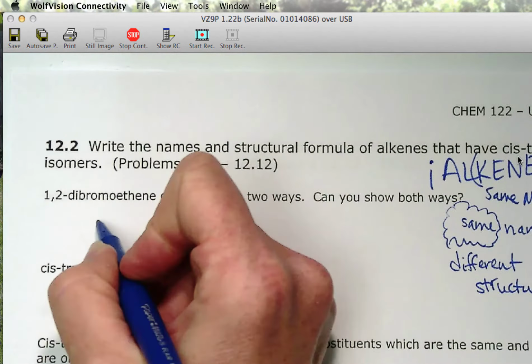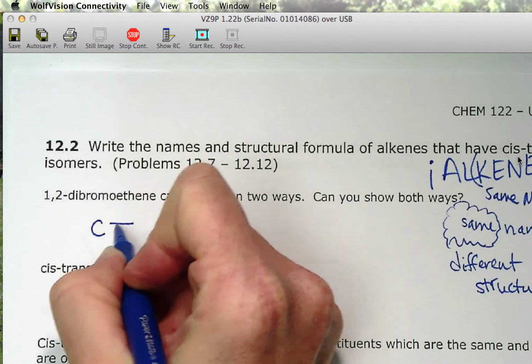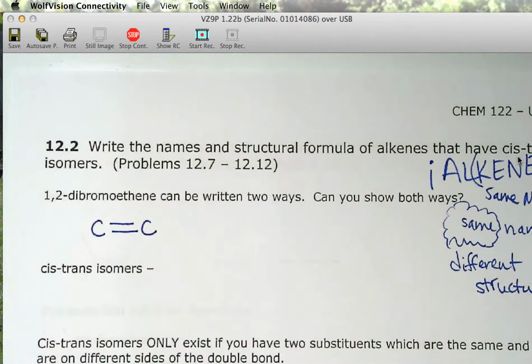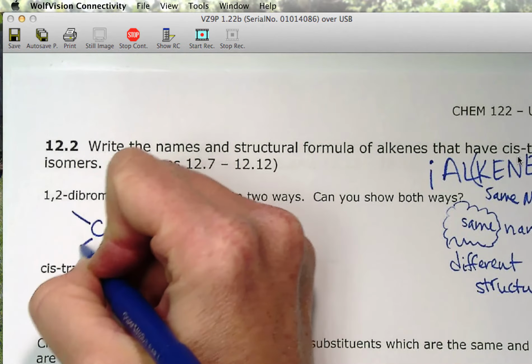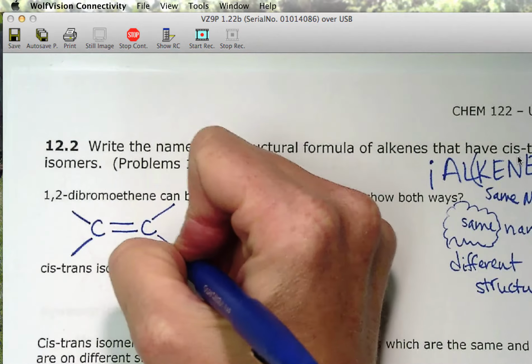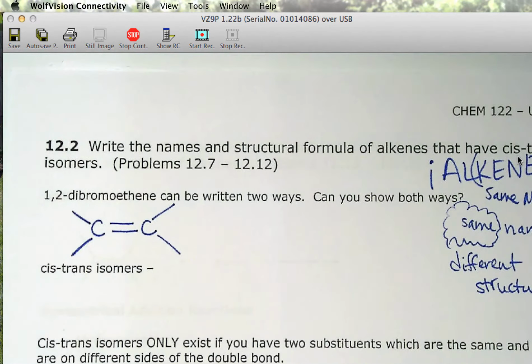So when you think about dibromoethene, two carbons in the parent with a double bond between the first and the second. Then off one carbon, I'm going to draw this as the complete structural formula. The other thing about cis-trans isomers is they're usually drawn explicitly, like the complete structural formula.